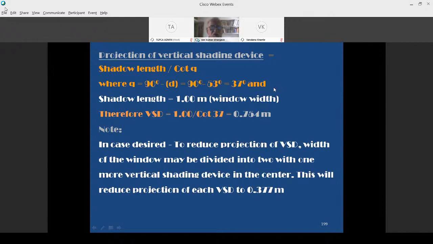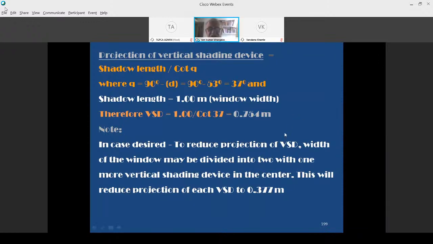So, my dear friend, the shadow length is equal to 1.00, that is the window width. So the vertical shading device projection is 1 divided by cot of 37, where 37 is the value of Q or theta. It comes to 0.75 meter, that is 2 feet 6 inches.